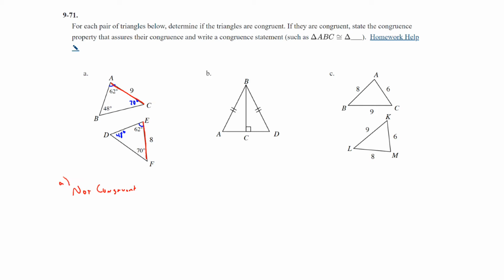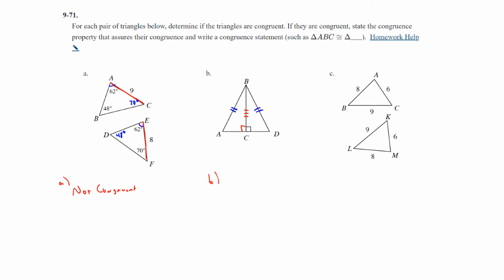Part B, we have one big triangle and then two smaller ones. So this side length is congruent to itself, and we have a 90-degree angle here, which means we have a 90-degree angle here. And since we are dealing with a right triangle, all we need is a hypotenuse and a leg to prove that they are congruent. And here's the hypotenuse.